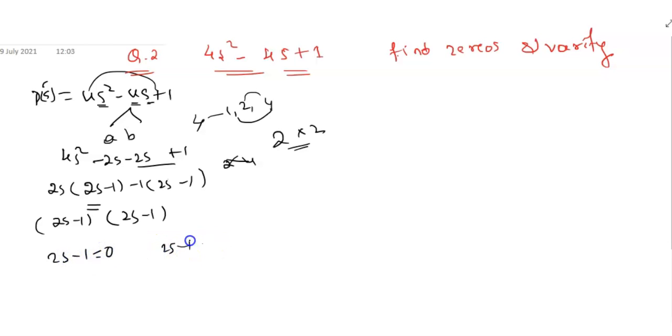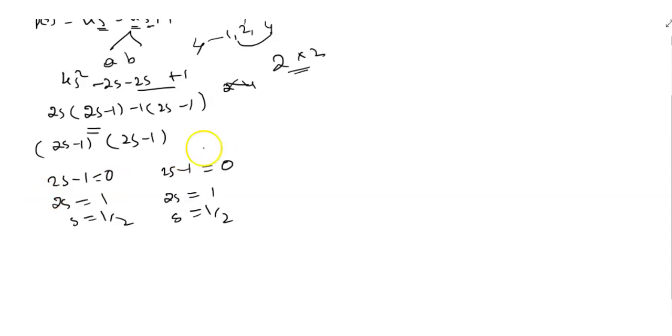Okay, 2s is equal to 1, s is equal to 1 upon 2. Hence my zeros are 1 upon 2 and 1 upon 2. So my alpha is equal to 1 upon 2, my beta is equal to 1 upon 2.